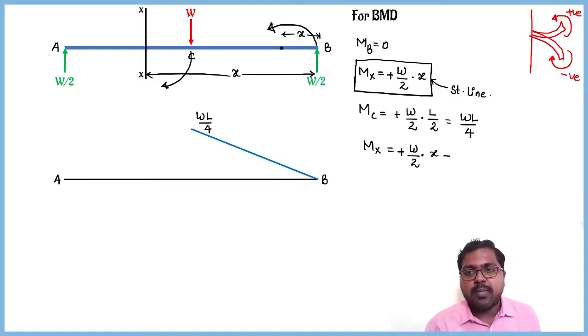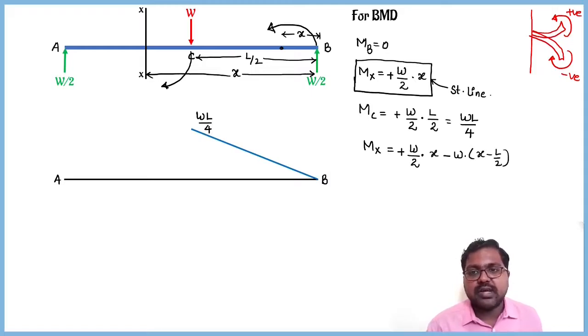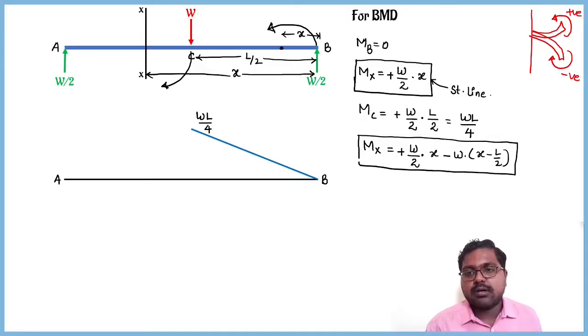So it is minus W into its distance, this is L by 2 and the total distance is X, so I am taking it like X minus L by 2. This is the equation for bending moment at any section between C and A.